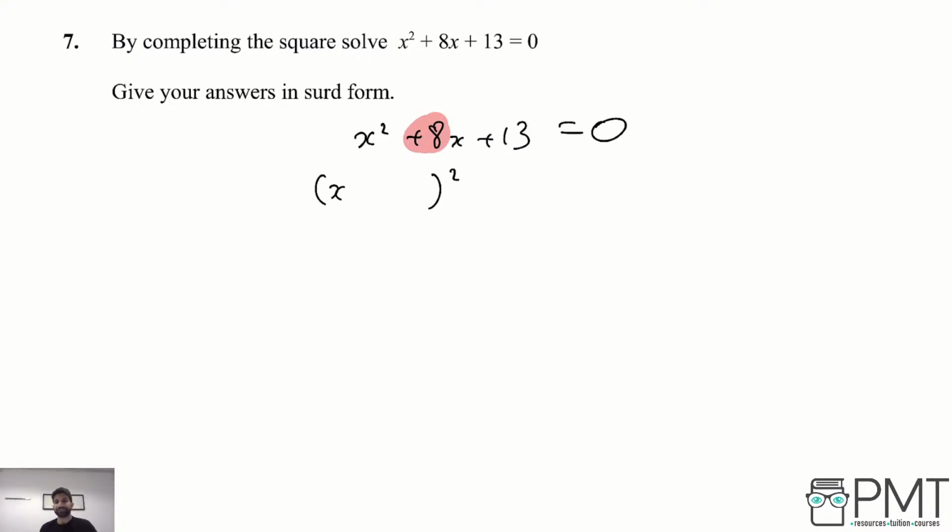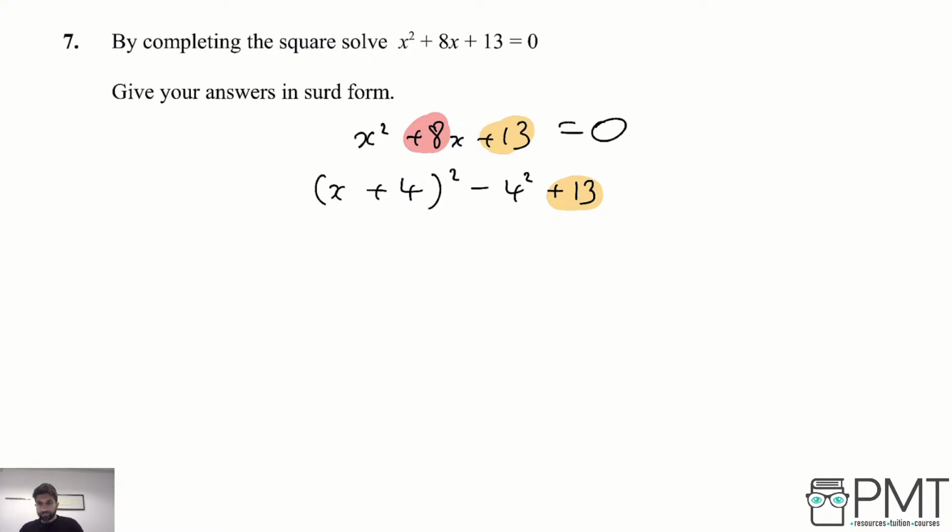The coefficient of x is 8 here, so divide that by 2. I need to put plus 4 there. Take away the square of that. And then what's the next term? That's a 13. So I just put that. I never change that 13 or whatever that term is. That's always the same.